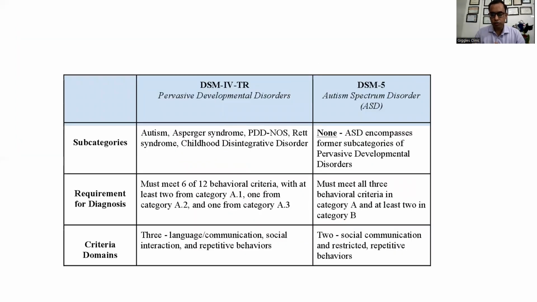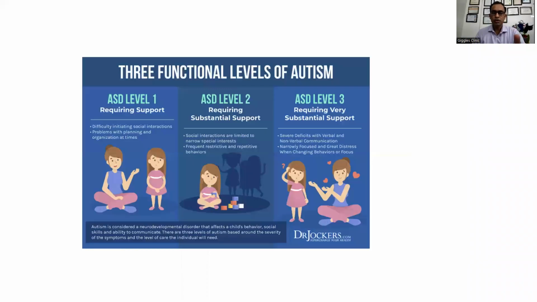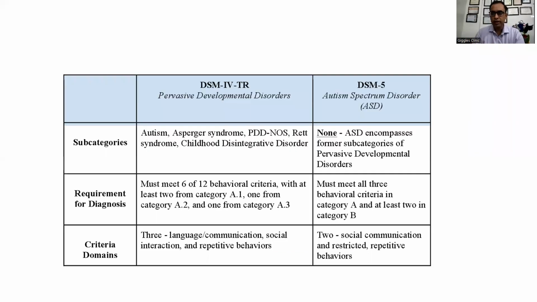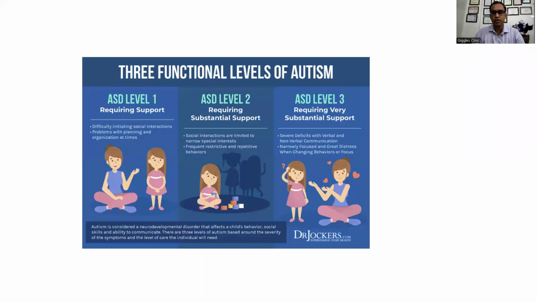So these are the main differences between the old terms and the new term. Now this is the new classification, which is not on theory but practical. These are the practical classifications which we as parents and professionals can see. There are different levels of ASD: mild, moderate, or severe, or level 1, level 2, level 3.